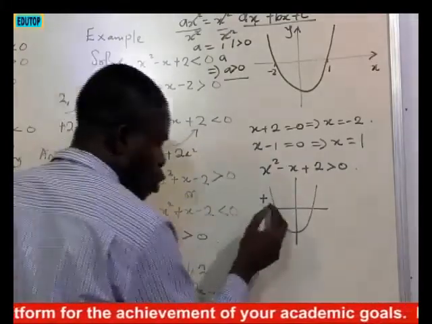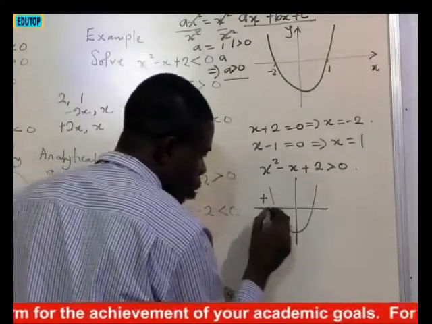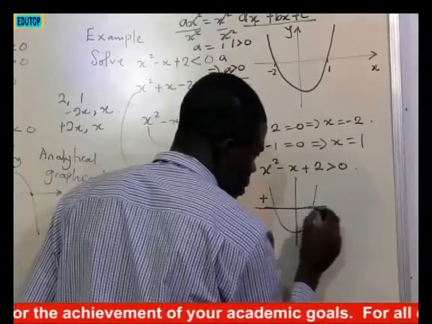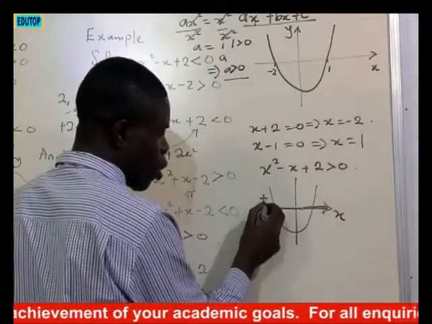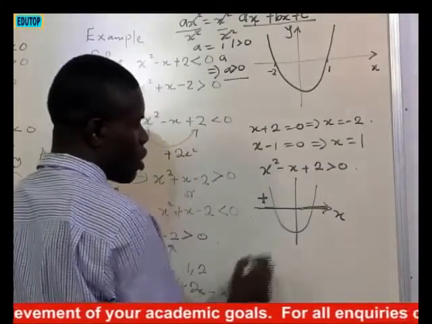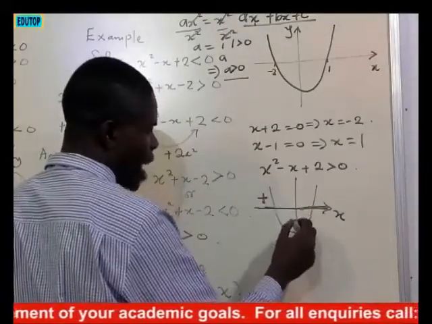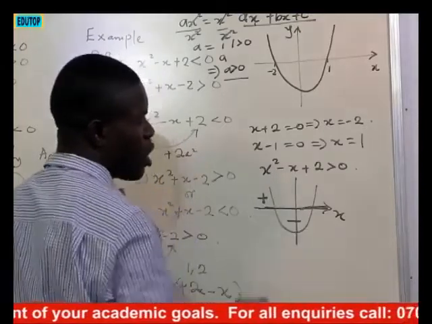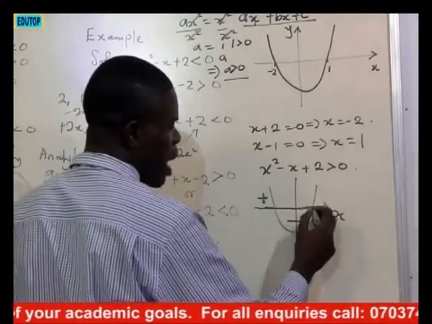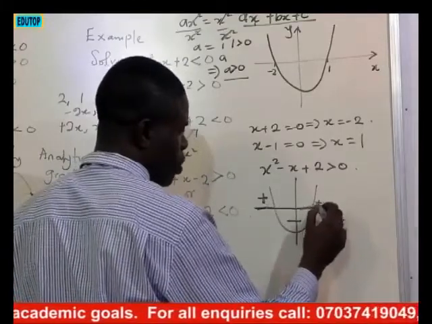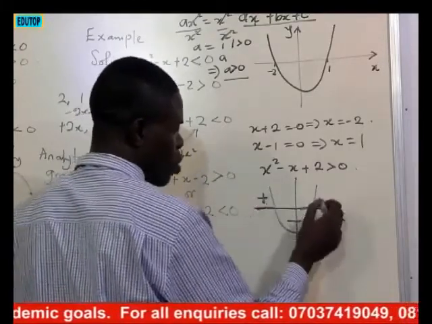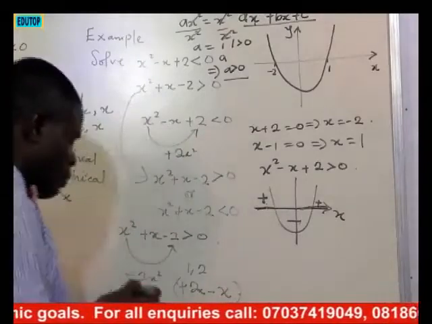Take note of that, because this is our x-axis. So the region above the x-axis is what? A positive region. The region below the x-axis is a negative region. While the region beyond the horizontal, that is the x-axis, is what? Positive. That means we're having 2 positive regions and 1 negative region.